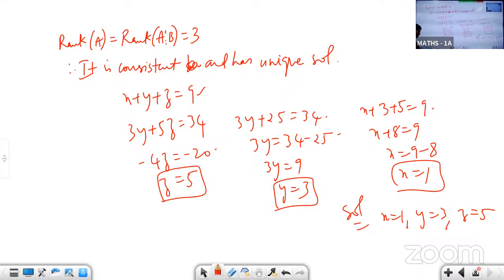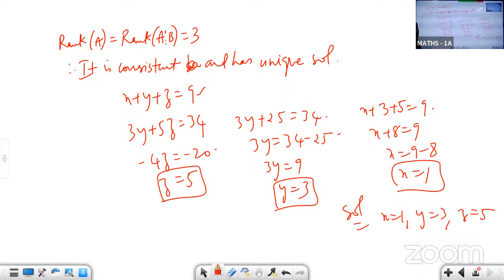Very important. So this is about your consistent, and let us do one problem for inconsistent. Inconsistent he won't ask. 100% inconsistent is usually never asked. Only consistent will be asked. That too unique solution or infinitely many solutions.